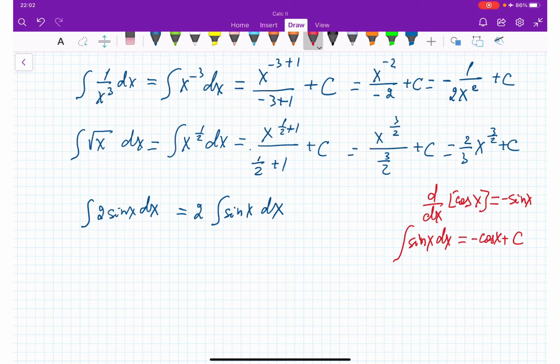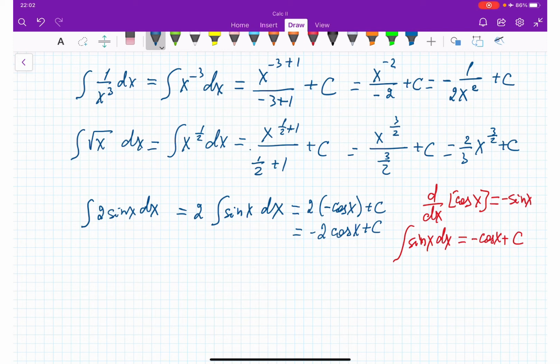Now let's get back to our problem and see what we're going to get here. It is going to be equal to 2 times negative cosine x plus c, which is equal to negative 2 cosine x plus c.